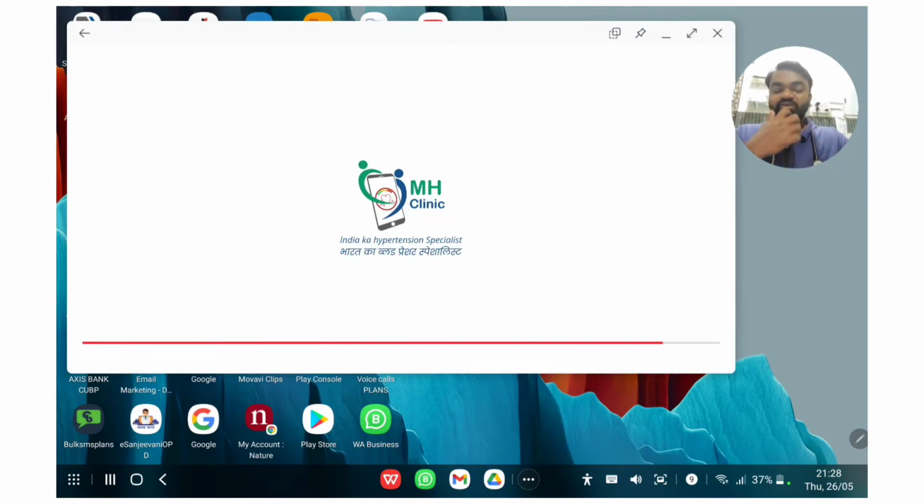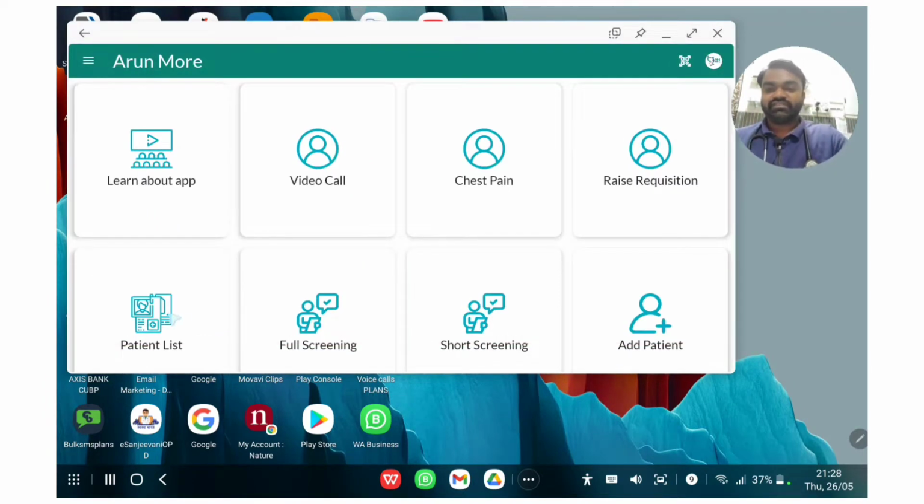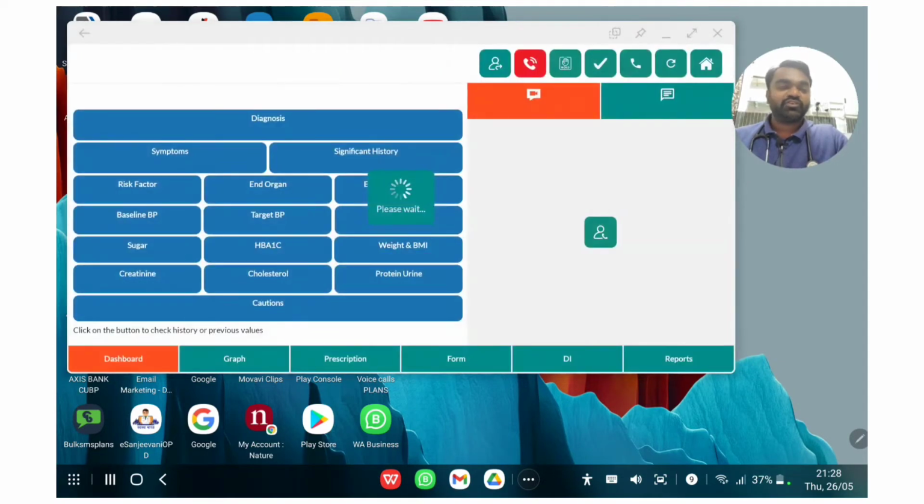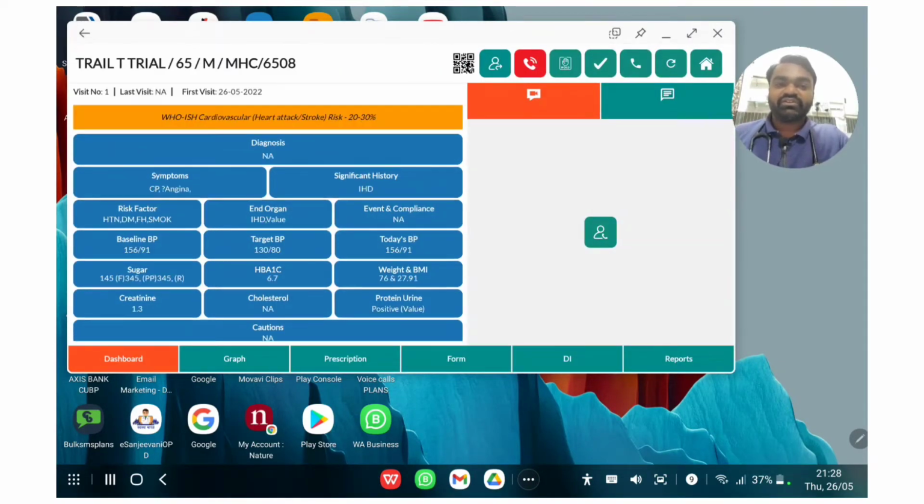I'm sorry, but the cameras will definitely not work because recording is going on. But this is the icon of video call for the patient. And then let me show you what happens.